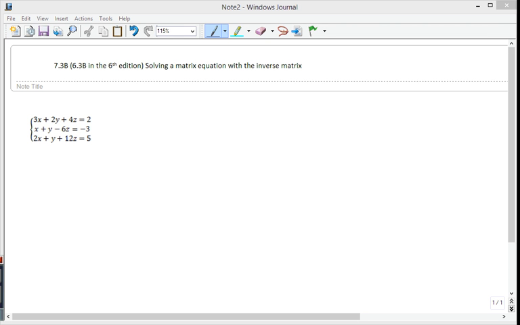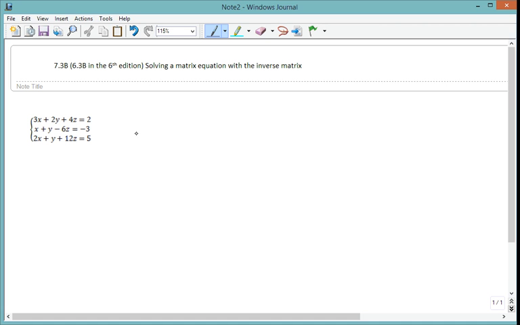So if you remember stuff we did yesterday, we learned how to put a system of equations like this into an equation in matrices, right? So we start with the coefficient matrix.